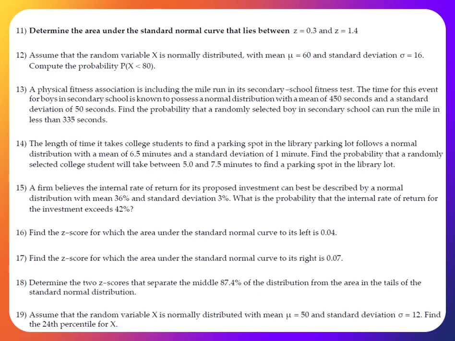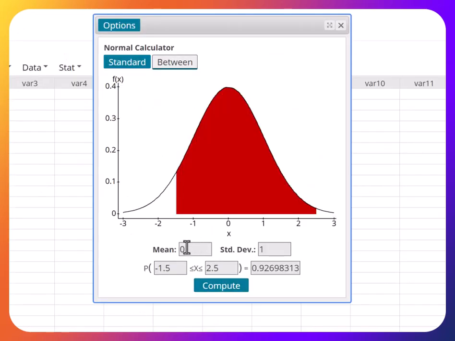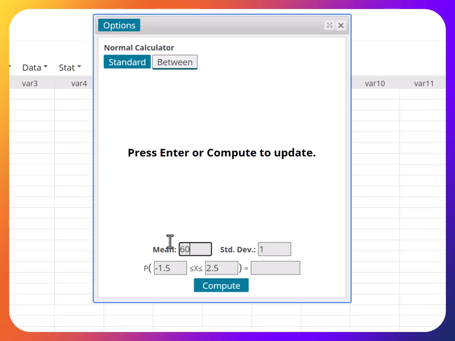Number 12, assume that the random variable x is normally distributed with a mean of 60 and standard deviation of 16. What's the probability of x less than 80? So now he gives you a mean and standard deviation. You don't use 0, 1 anymore. So we're going to go back to StatCrunch and show you how to do this one. We change the mean to 60, standard deviation to 16.